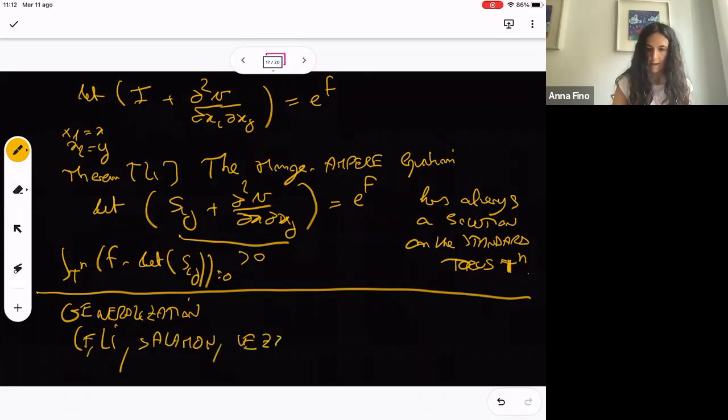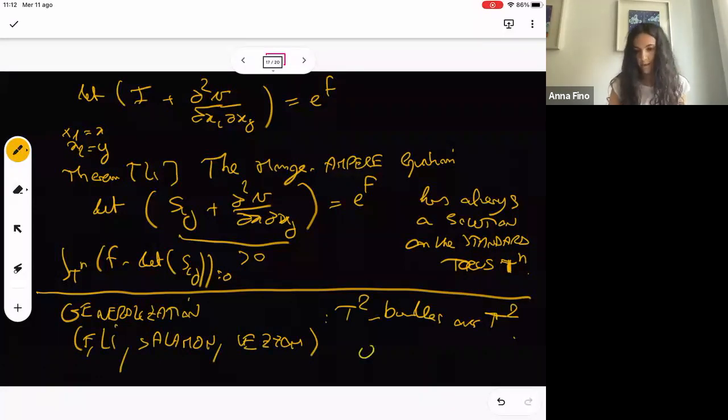We generalize that for T2 bundles over T2, and for sigma again T2 invariant. So again, you will work only on the base space.